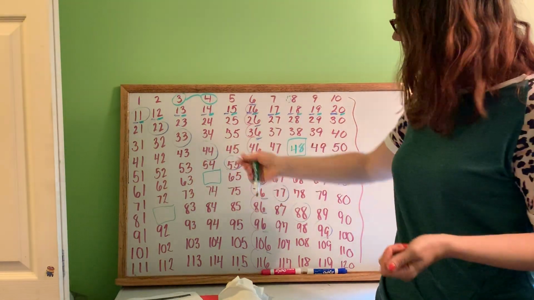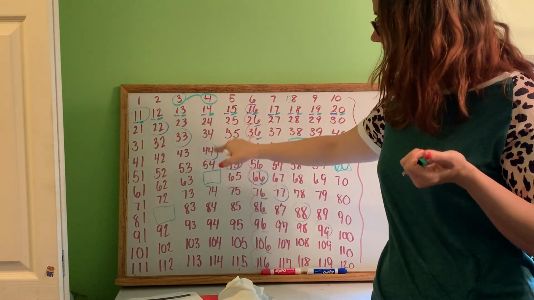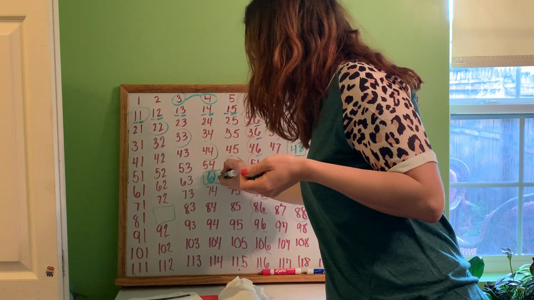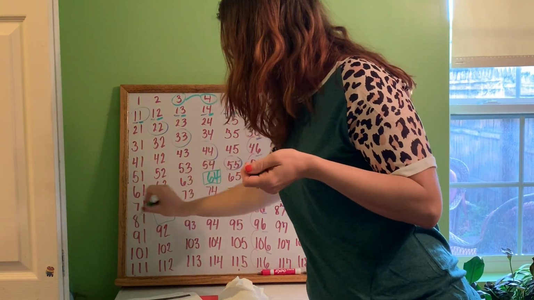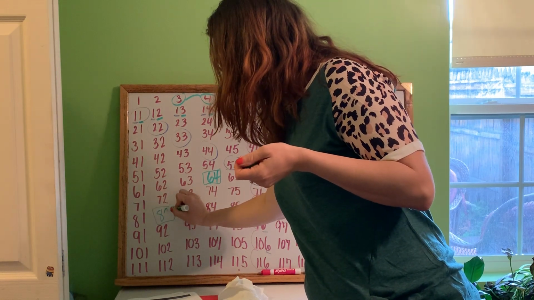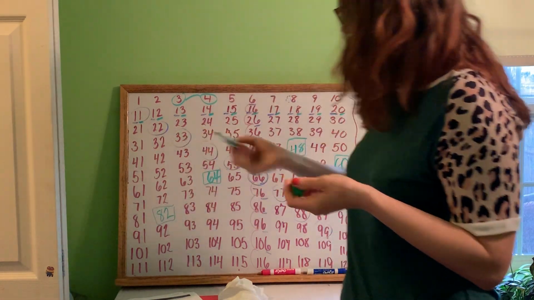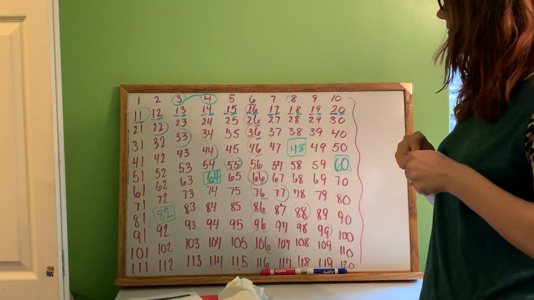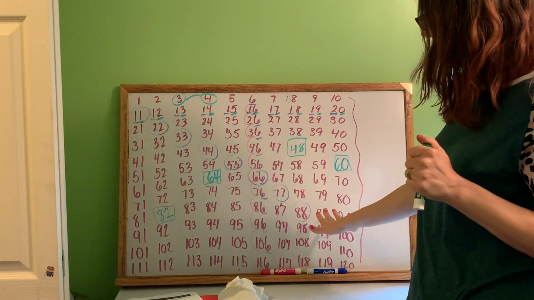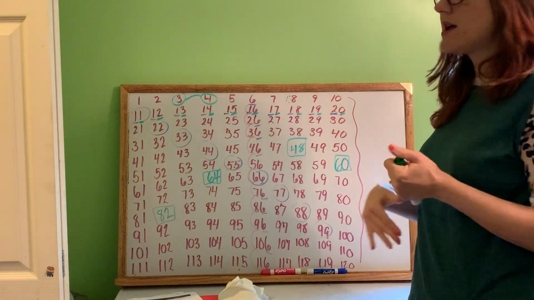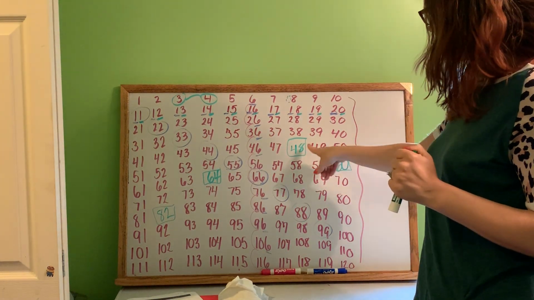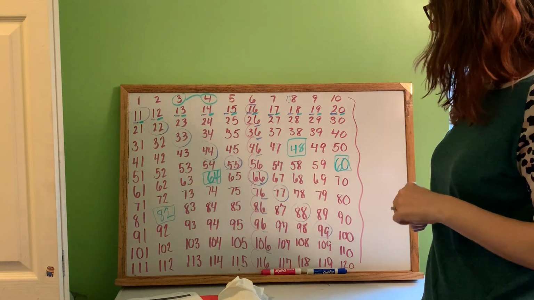You may have the kids who can go 34, 44, 54, 64. And then same thing here. They may go 81, 82, or they may jump down to count. What's really important with this is that they understand those patterns and that they're able to find the missing numbers.